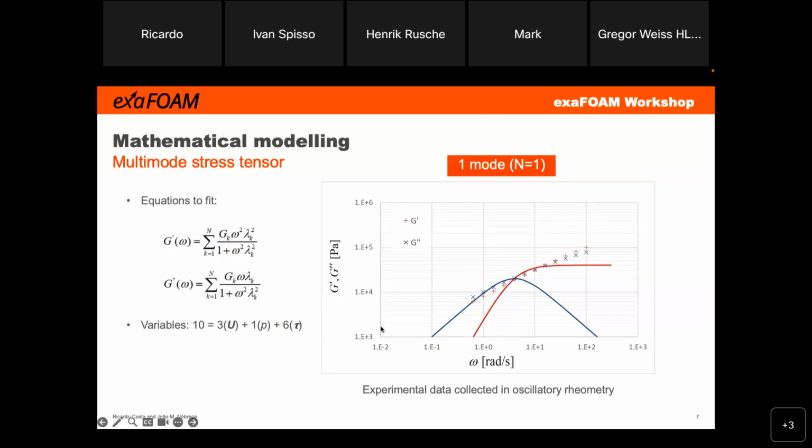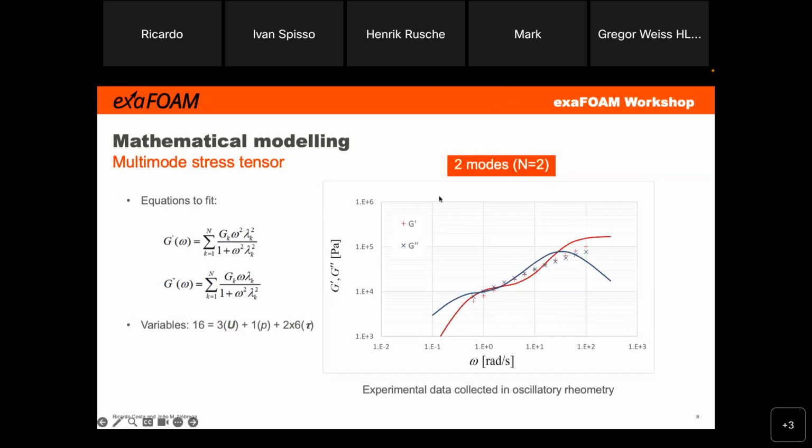If I consider one more mode, so I have one more set of parameters to obtain and therefore also to fit, we can see that this curve fitting is much better at the cost of more variables to solve. So now I have 16 variables.